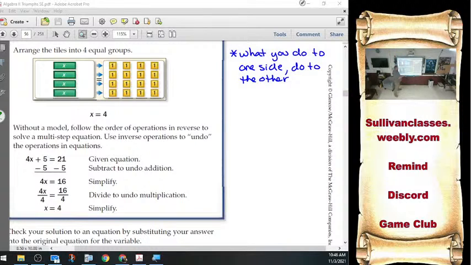The next, this is a me thing. This isn't a you-have-to-for-math thing, but I'm going to force you to do it because we need to get good habits. We're going to show our steps. And that includes things like over here. What is 5 minus 5? So I'm actually going to show that as 0.